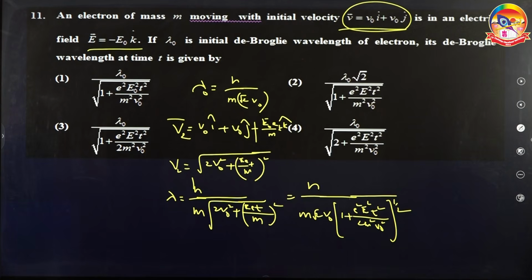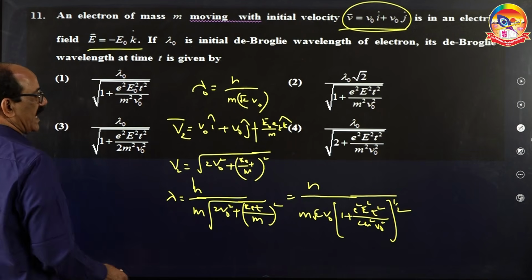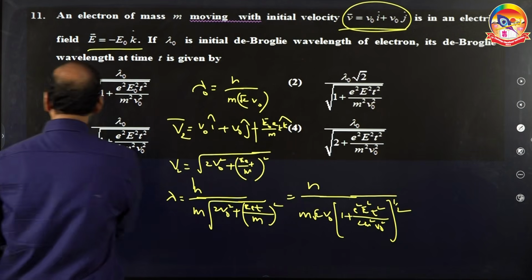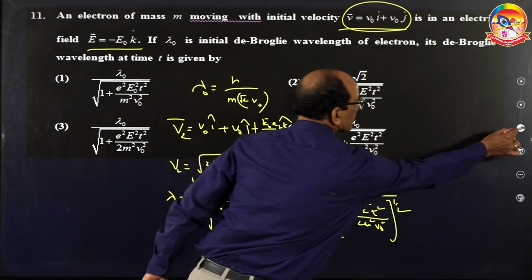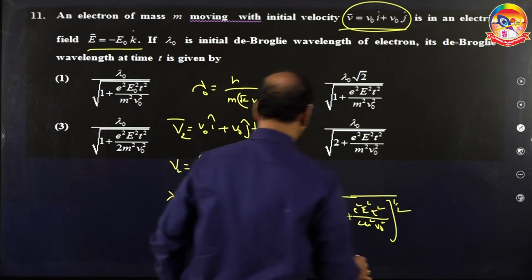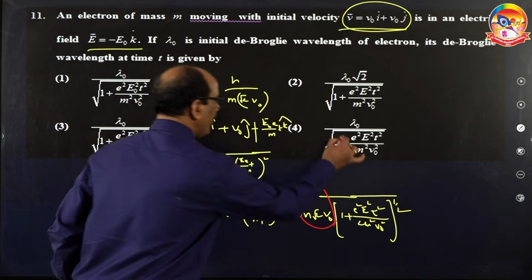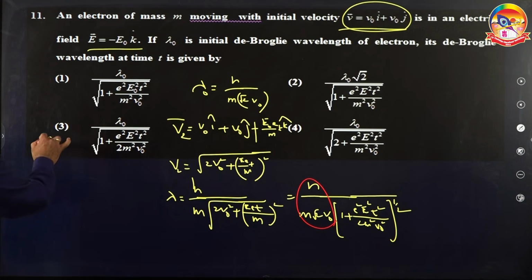Among the given options, this will be the proper answer. Why? Because all this can be taken as lambda naught. Therefore lambda naught by root over 1 plus e square E square t square by 2 m square v naught square will be the appropriate answer.